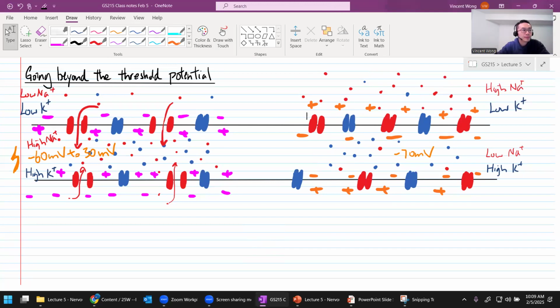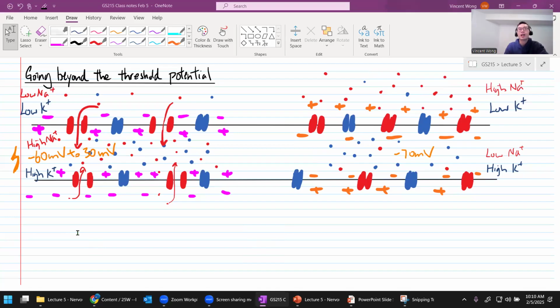Initially, the inside of the membrane was minus 70. And it goes from minus 70 to minus 60. Right, so we haven't talked about that portion yet.